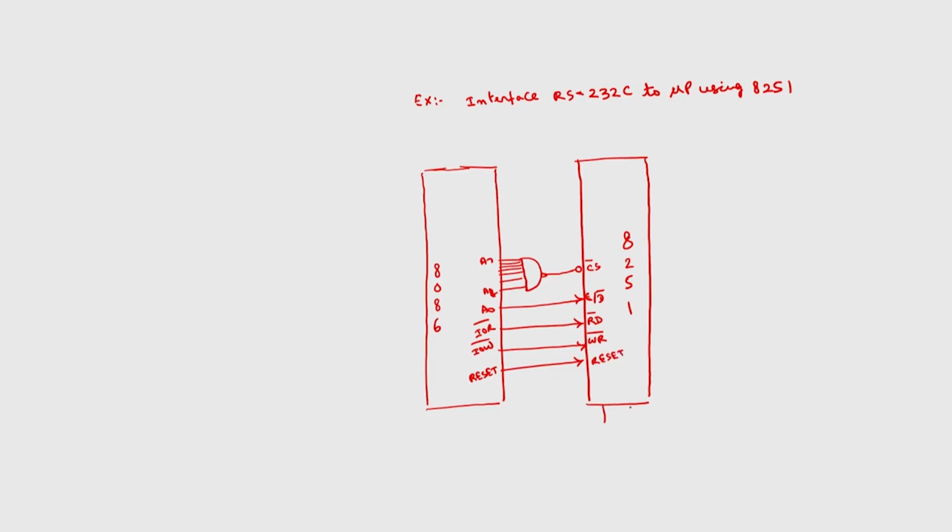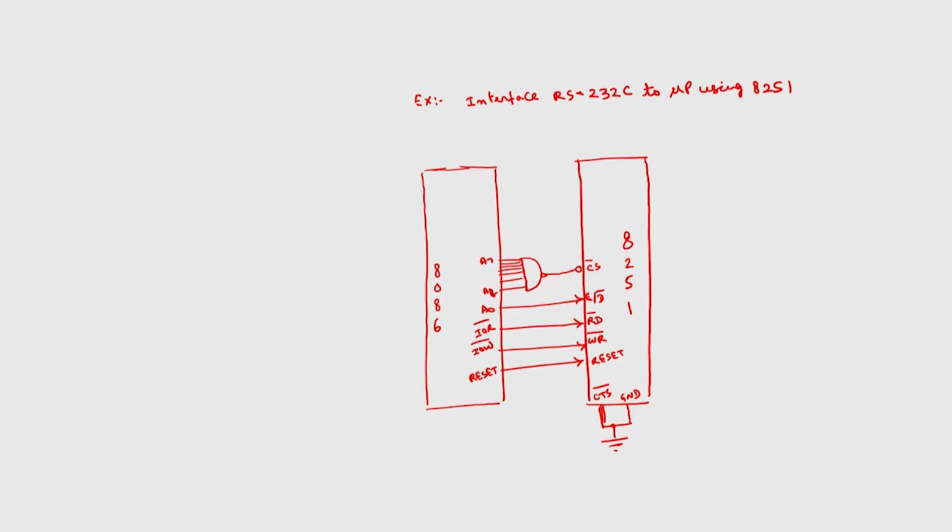Clear to send bar, whenever it is ready, should be 0, so I will connect it to the ground point.